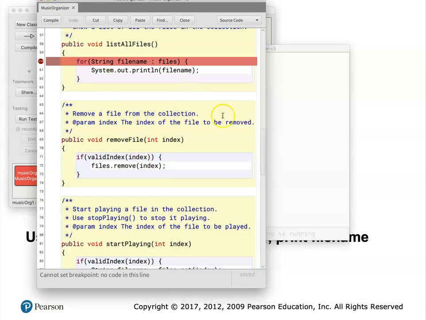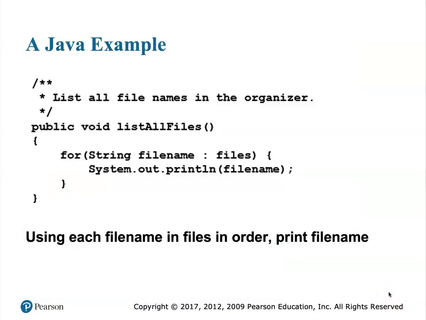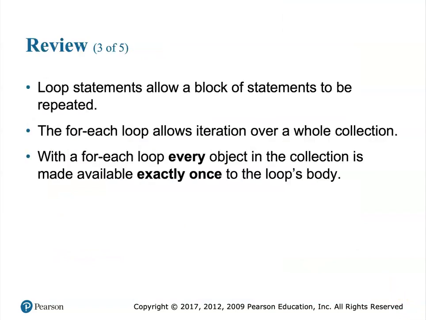Hopefully that helps you understand how the for each loop is going to work. In general, when we talk about loops or we talk about iteration, we're talking about repeating the same statements over and over.